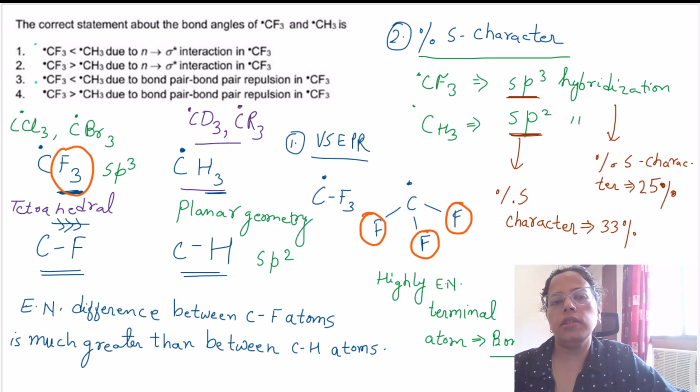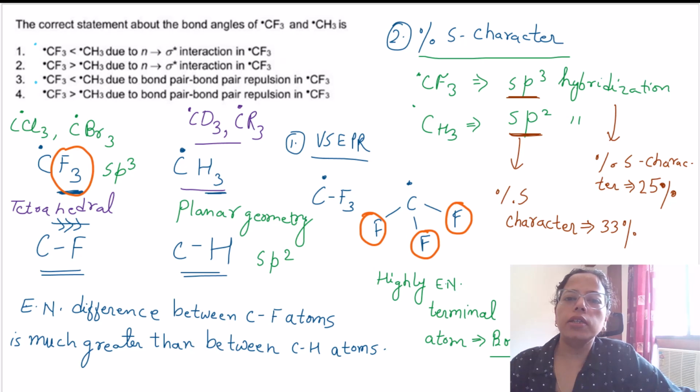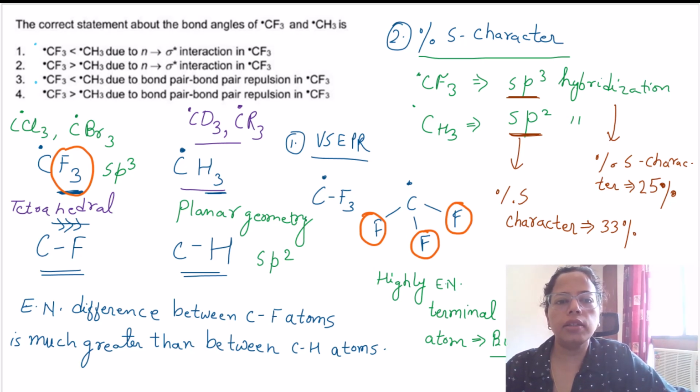The reason in one is the n to sigma star interaction in CF3 radical that we observed just now in relation to reverse hyperconjugation in CF3. While the other reason given here is the bond pair repulsion in CF3.